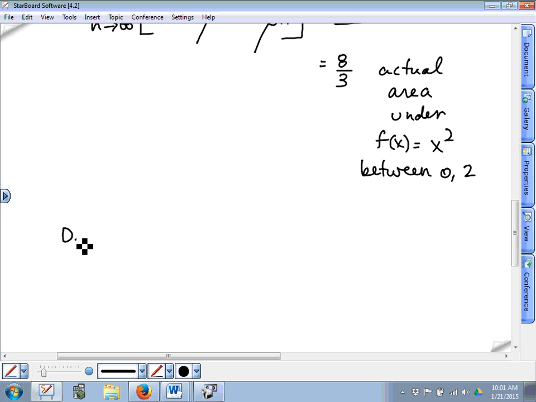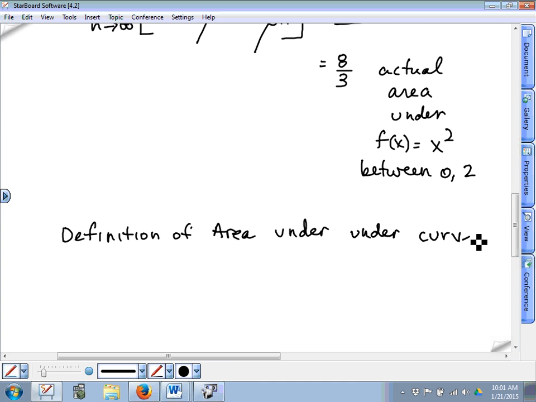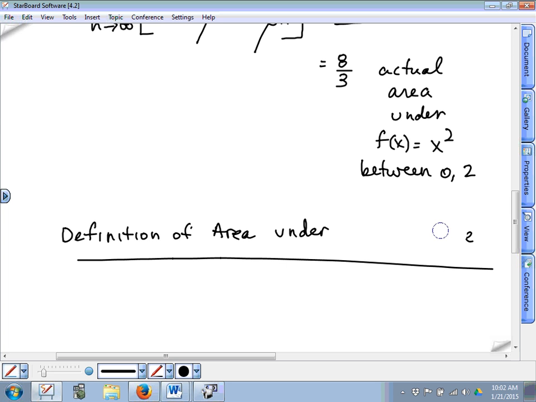But let's formalize this. Definition of the area under a curve.